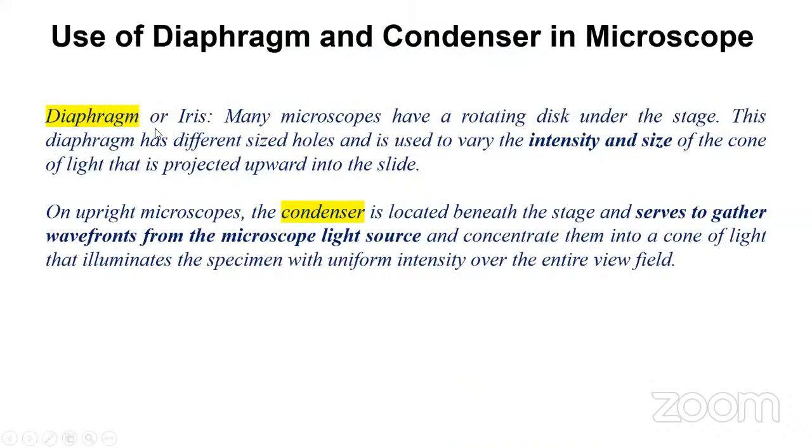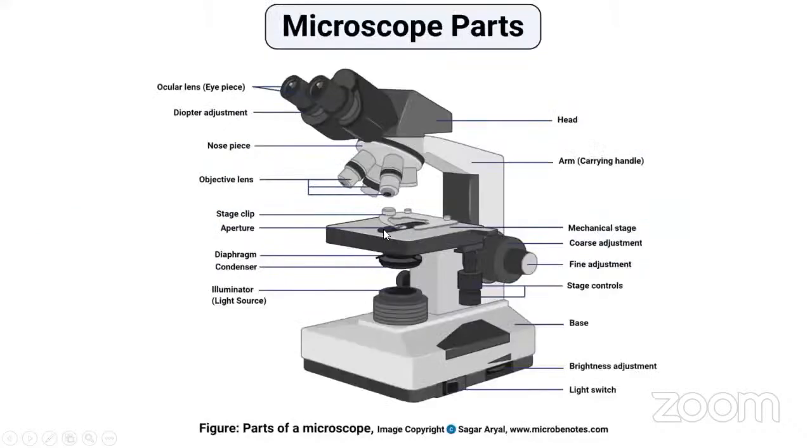The two very important parts in a microscope are the diaphragm and the condenser. The diaphragm is present just below the stage and above the light source, and the condenser is present below the diaphragm and above the light source or the illuminator.